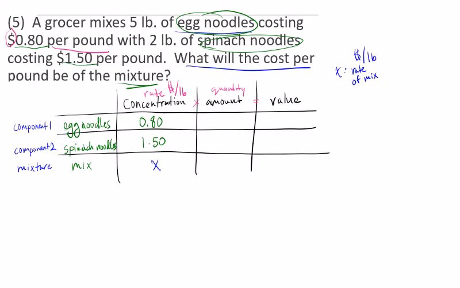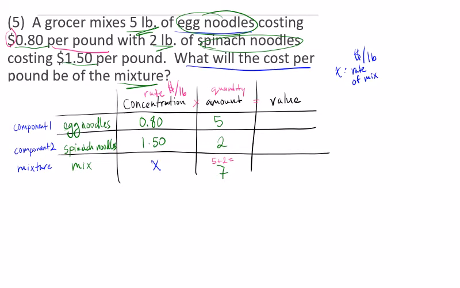So 5 pounds of egg noodles, 2 pounds of spinach noodles. So how many pounds in our mixture? If we add the amounts, we get 7, right? And just to show the mental math here, just so we don't lose anybody, 5 plus 2 equals 7.